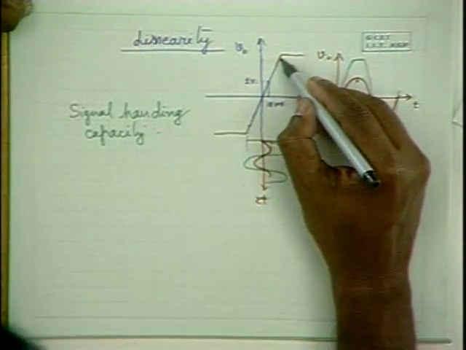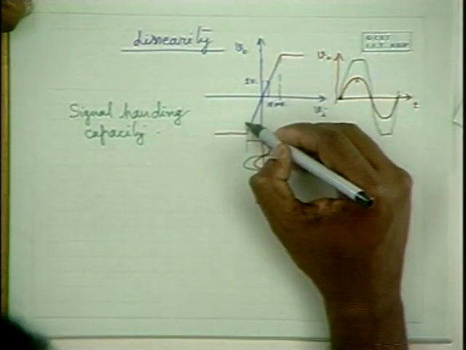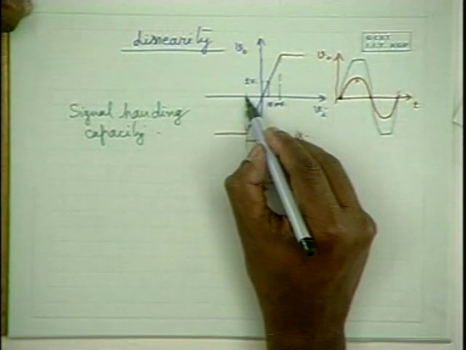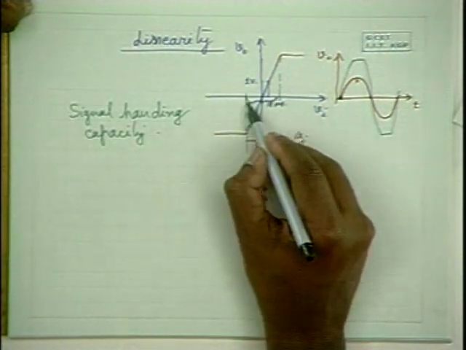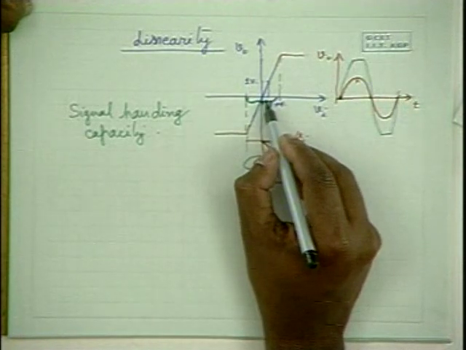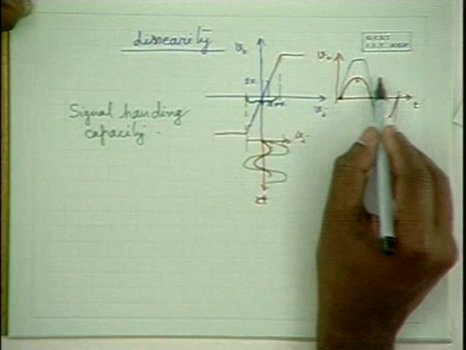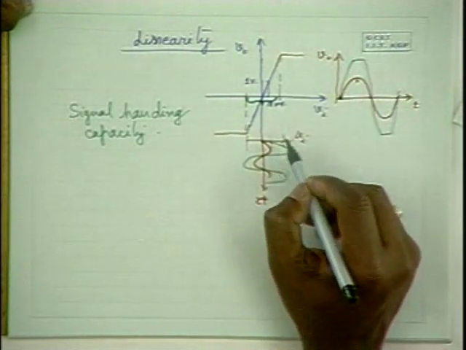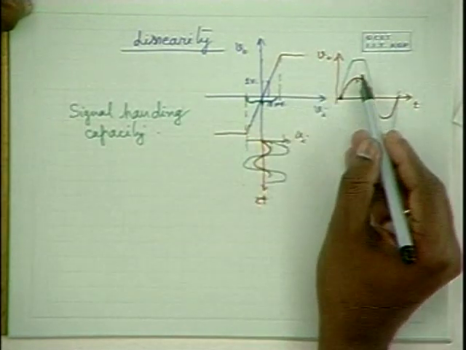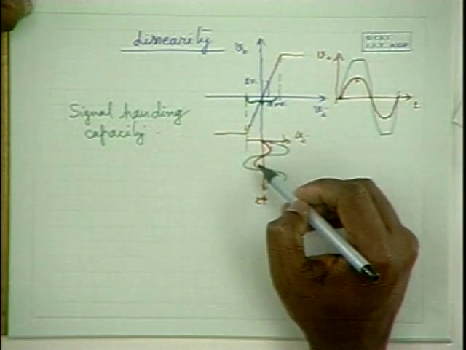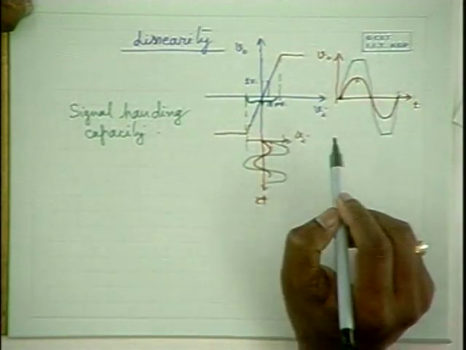In this particular application, this is the amplitude range at the input side over which a signal can be applied. When you apply a signal within this range, output would be a replica of the input. If you go beyond that, output no longer resembles the input, and output is a distorted version of the input.